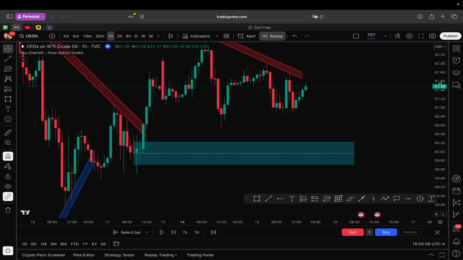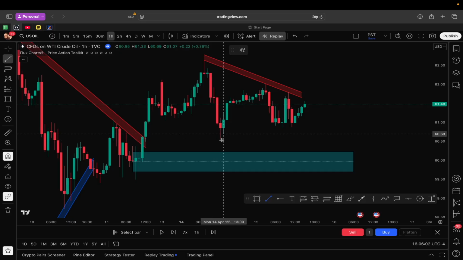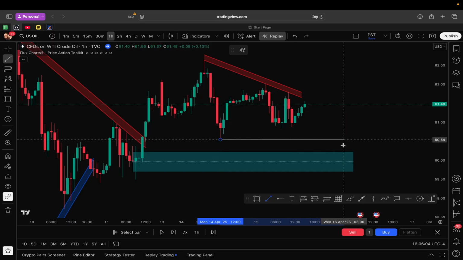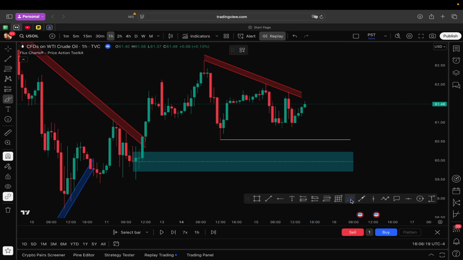As you know, for my entry models, I like for liquidity to be taken. So here, resting liquidity just above this 1 hour, 30 minute, 1 hour order block right over here. So now we already had this trend line right over here. And you can see there's a bunch of touches.